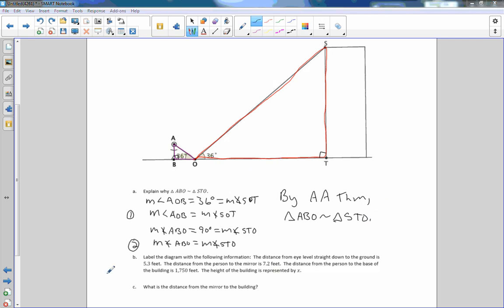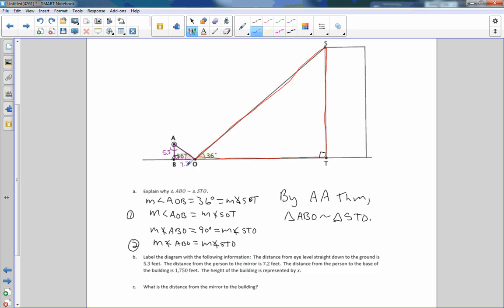Okay, part B says to label the diagram with the following information. The distance from eye level straight down to the ground is 5.3 feet. So what they're saying is eye level straight down is over on this side, 5.3 feet. The distance from the person to the mirror is 7.2 feet.